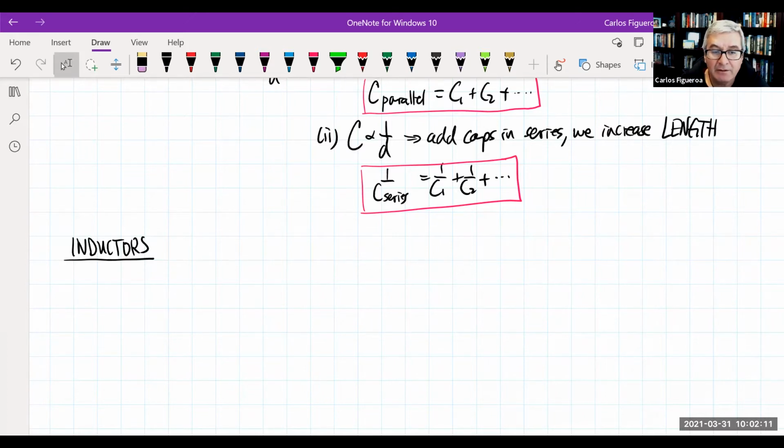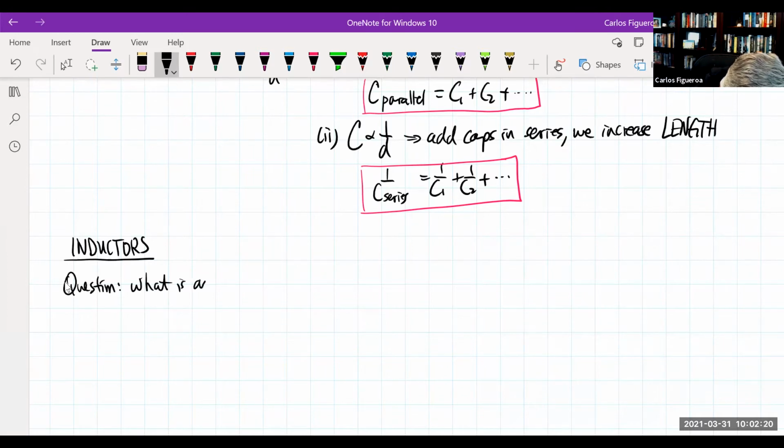So the main law that governs inductors. Maybe the question we should start off with is, what is an inductor? Well, an inductor is really any coil, right? So it's any coil or solenoid.